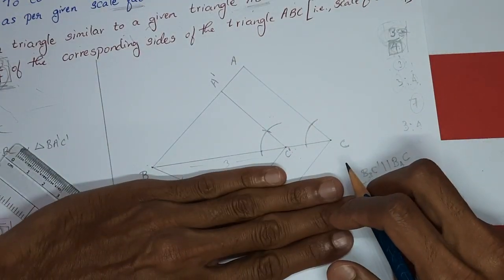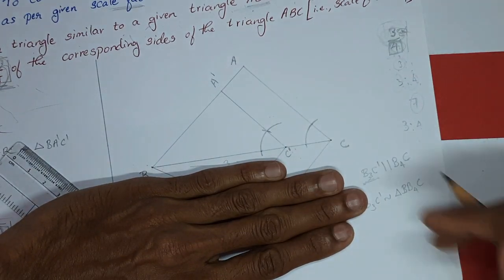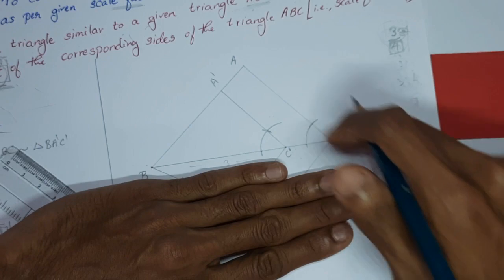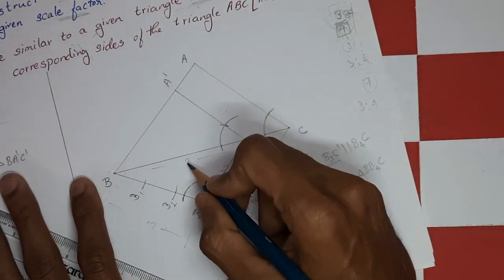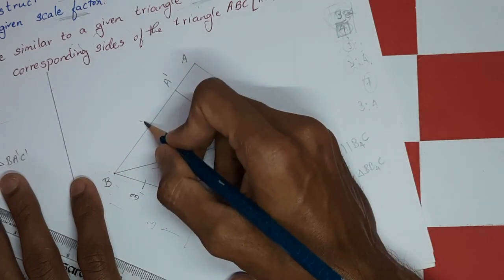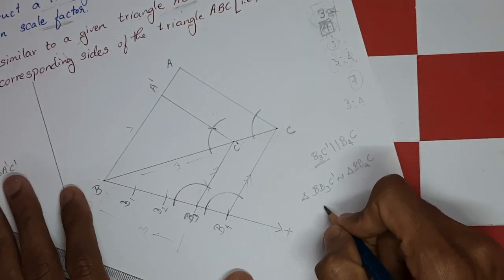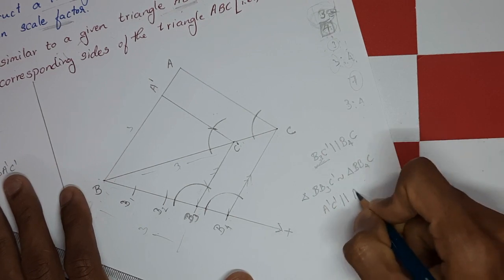So now we have got one more triangle. Don't look at the one below, just go for the one above. Again two triangles are formed: BC dash A dash and BCA. There are two triangles we have found. So here this is 3, which means this is also by 3. Okay, so we can write that A dash C dash is parallel to AC.